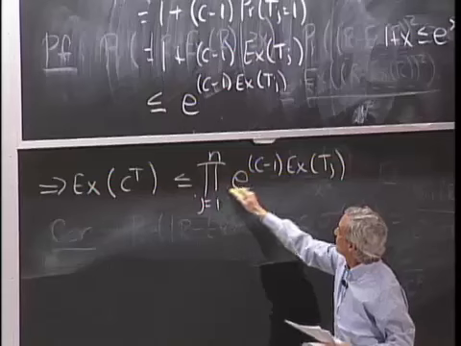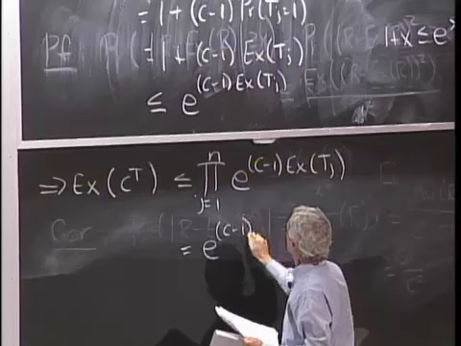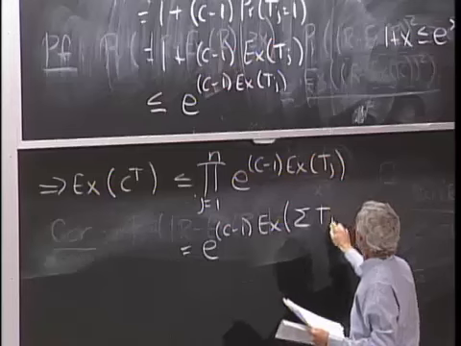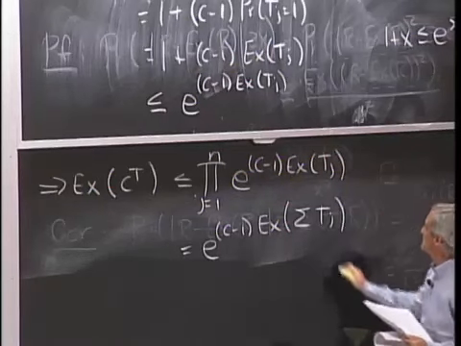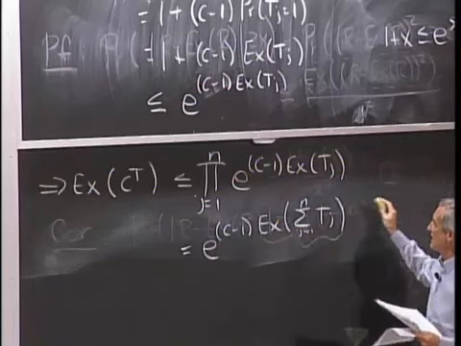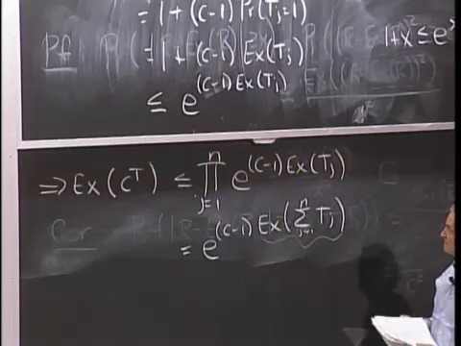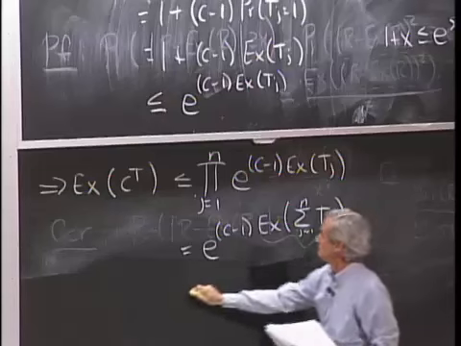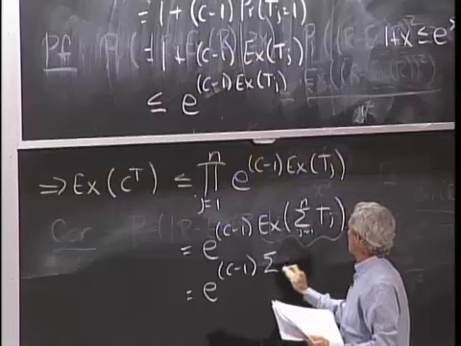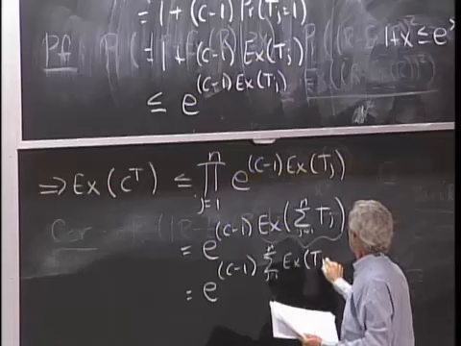And now I can convert this to a sum in the exponent, and this is j equals 1 to n. And what do I do to simplify that? Linearity of expectation. C minus 1 times the sum, j equals 1 to n, expected value of tj.